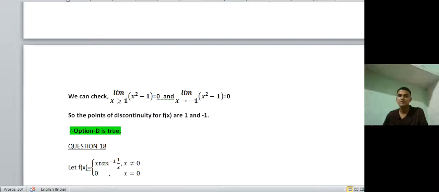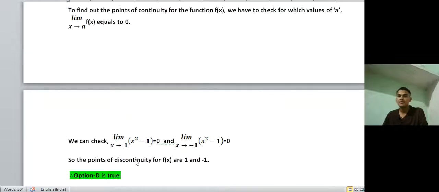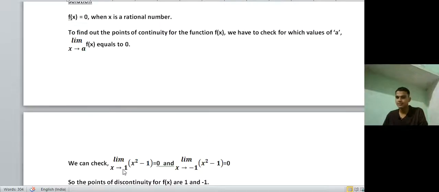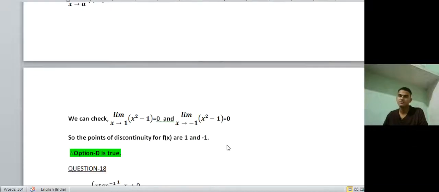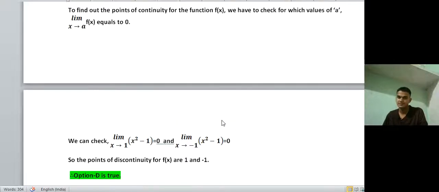You can see, if you check, limit x tends to plus 1 of this function is equal to 0, and limit x tends to minus 1 of this function is equal to 0. If you find out the limit of this when x tends to 1, then we will get 0, and if you find out the limit of this when x tends to minus 1, then it is 0.